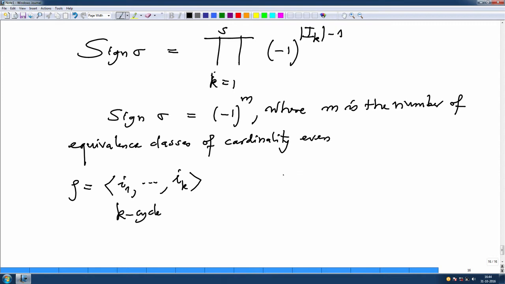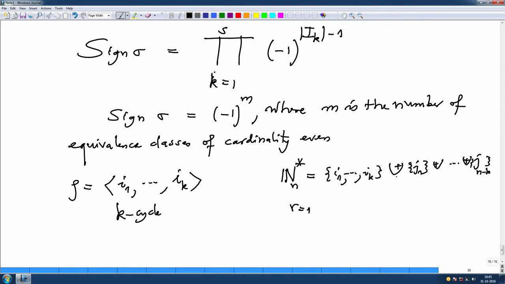So, this decomposes into only one, in this case r equal to 1, the set I1 to Ik, and the disjoint union of the complement, singletons J1 to J(n minus k).